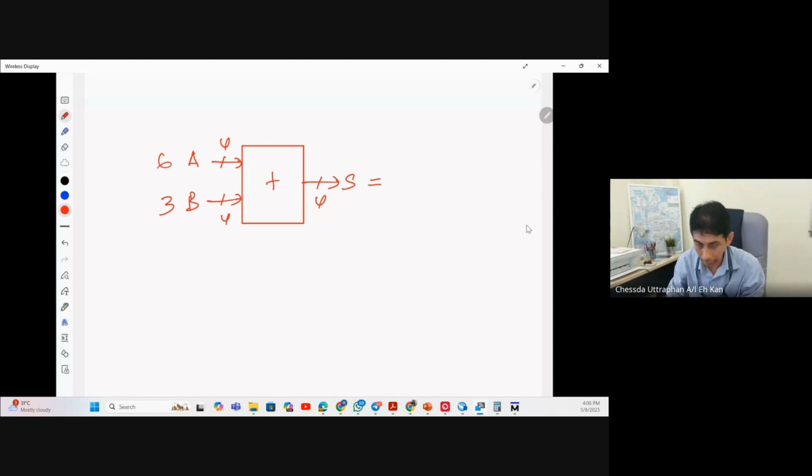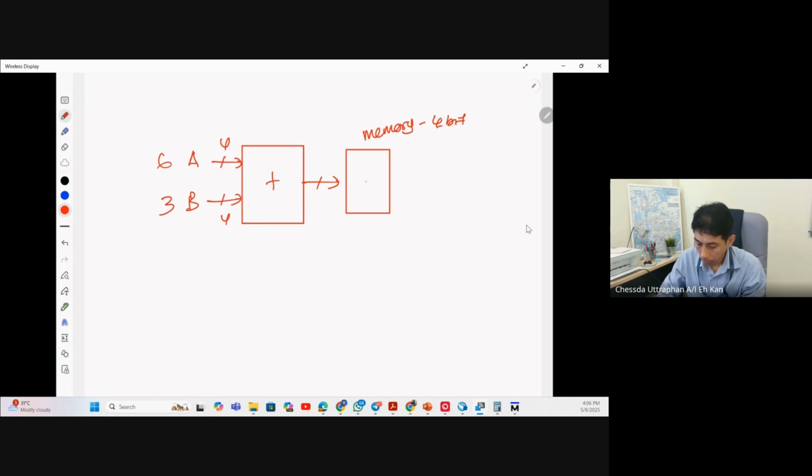Normally in a digital system, as we will learn in the next chapter, chapter 4, the result will be stored in a memory circuit, which we call a register. If our system is 4 bit, it is a 4 bit memory system.